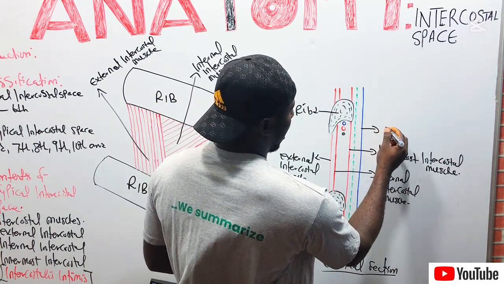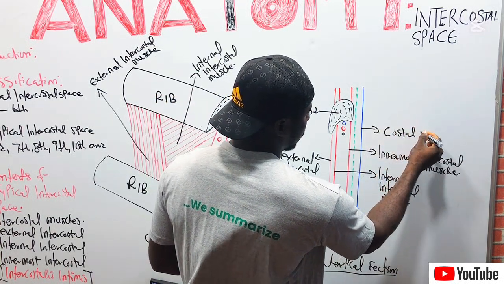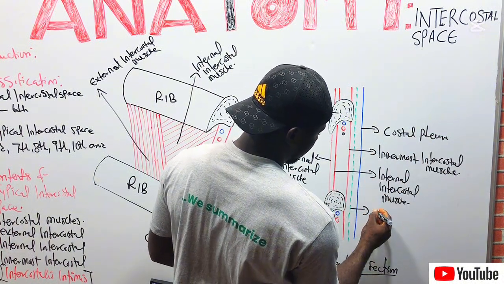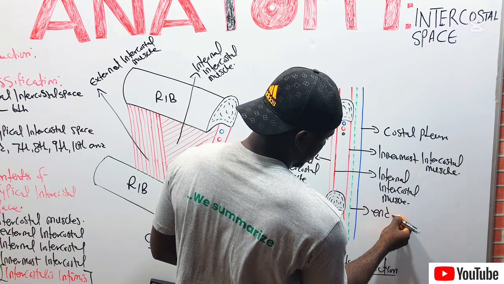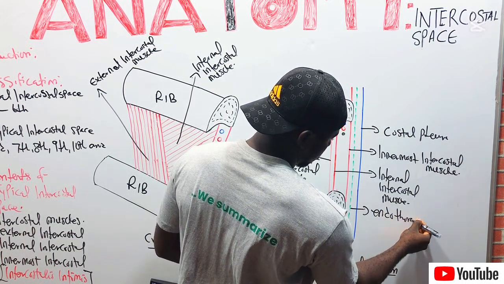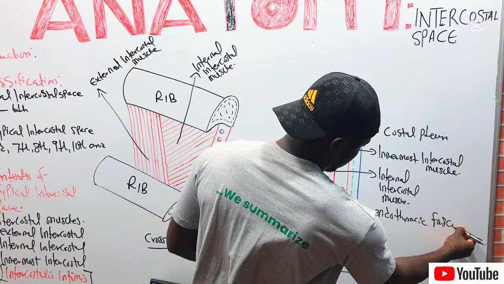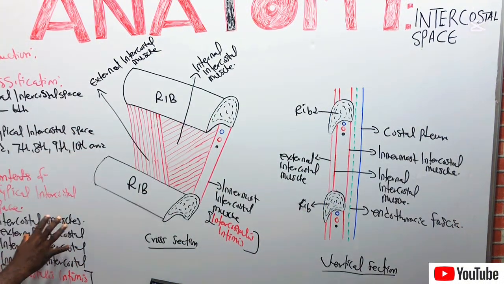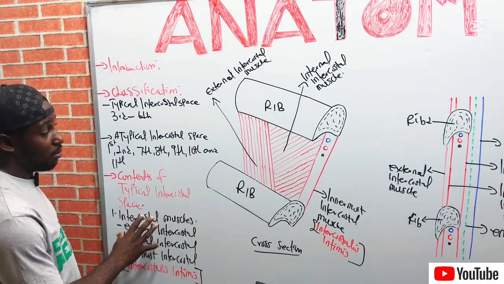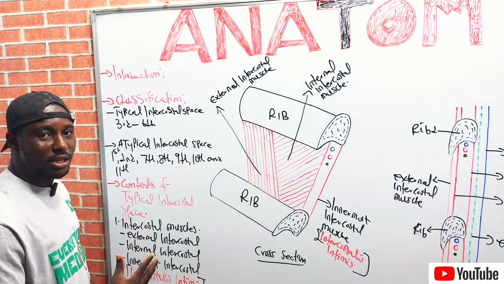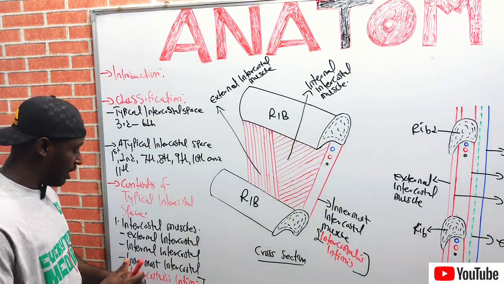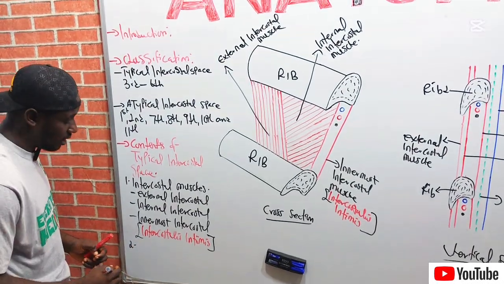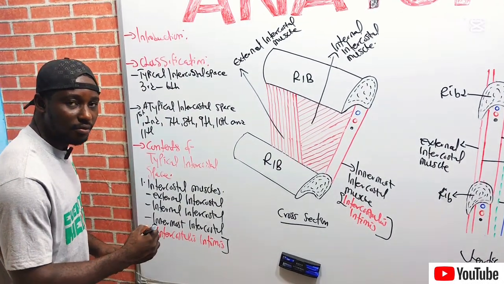This is the costal pleura, while this is the endothoracic fascia. Right? So this is how the muscles of the intercostal spaces are structurally arranged. The next content is the intercostal vein.